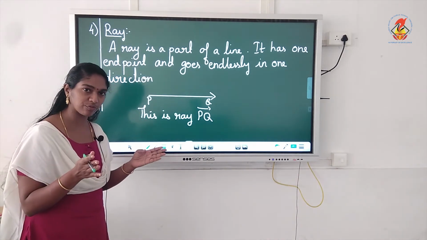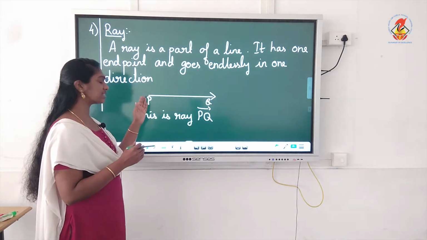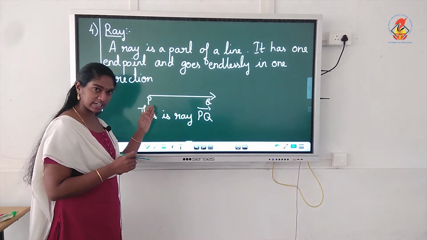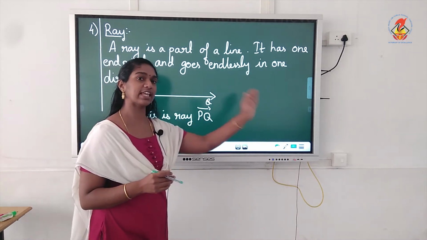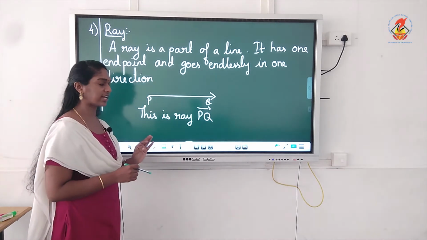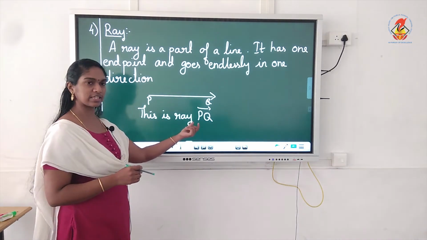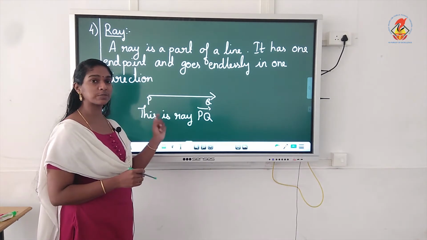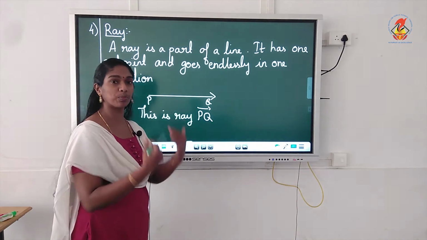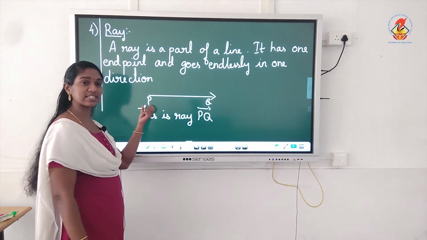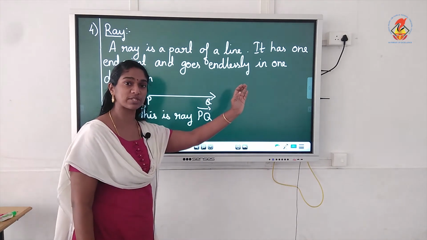It is also a part of a line, but it has a starting point and it goes endlessly in the opposite direction. And how do you represent this? Here you can write it only as PQ. You cannot read it as QP, because P is the starting point and Q is the opposite side.